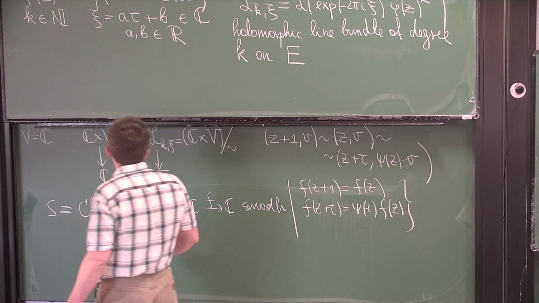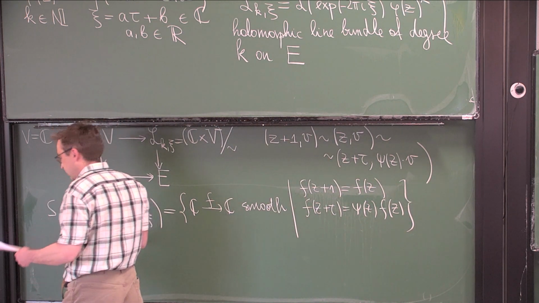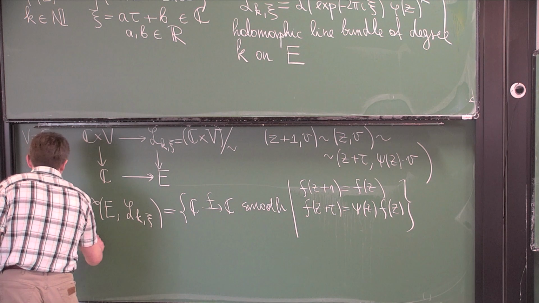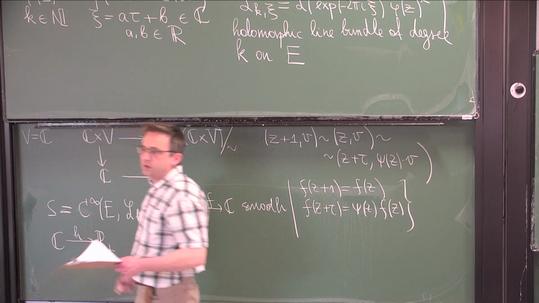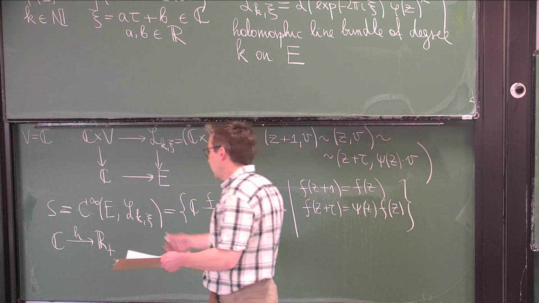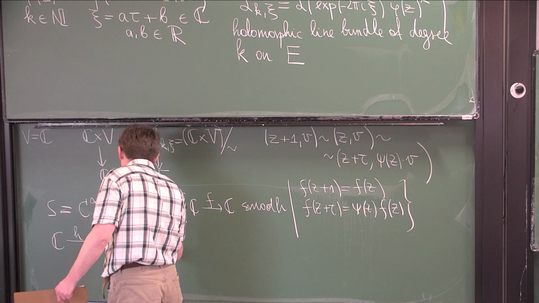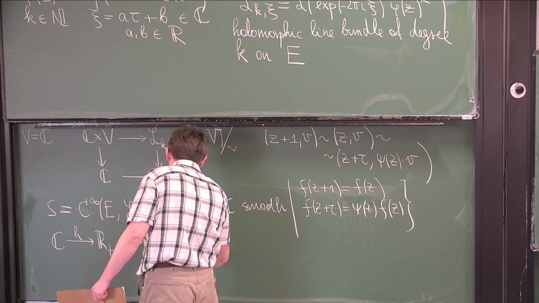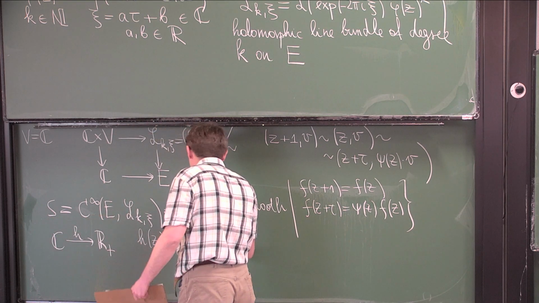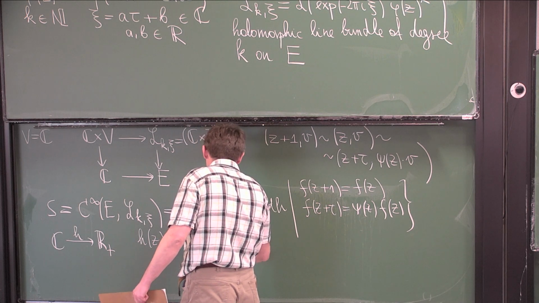So now I would like to define a Hermitian metric. And it's again a very explicit thing. So I take the function which is given by some quite concrete formula.